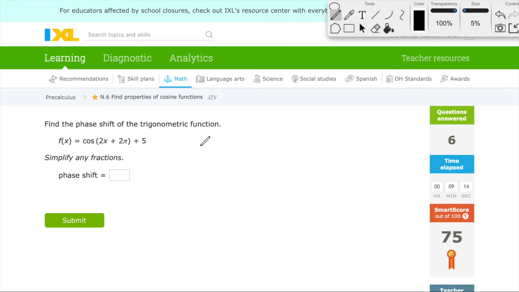What you would need to do is take that whole thing, so like the 2x plus 2 pi, and then set it equal to 0. And if we solve that, I would take away 2 pi on each side, so I'd have 2x. That would cancel out. I'd have equals 0 minus 2 pi, well, that'd just be negative 2 pi.